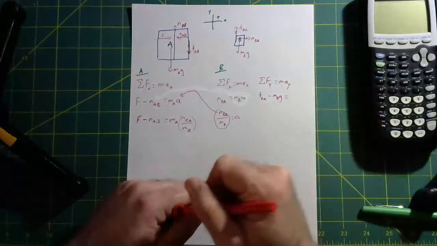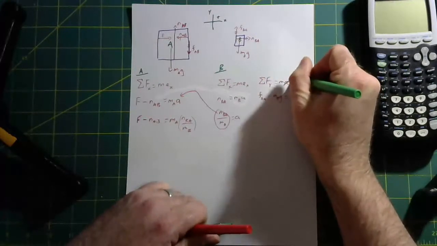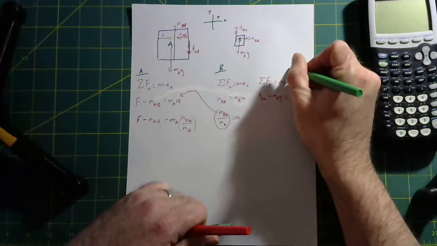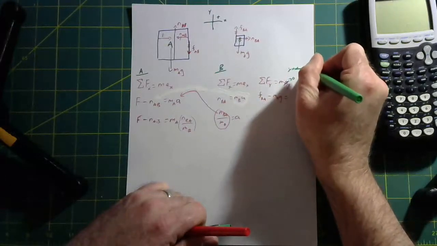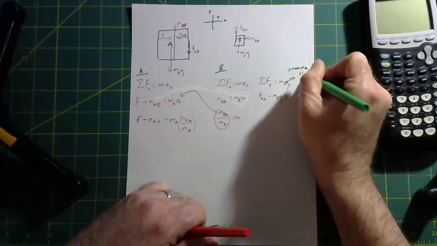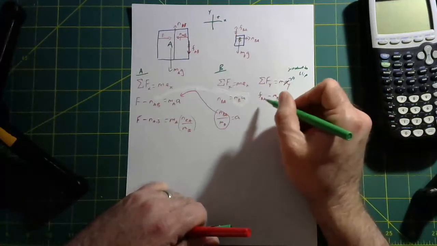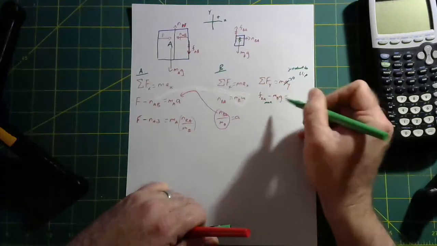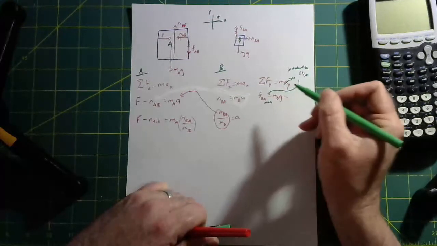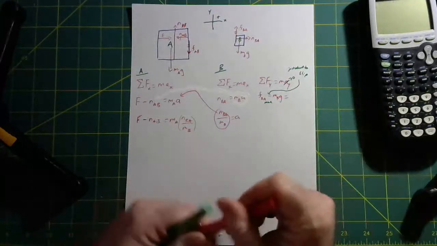And we want that acceleration to be 0, because we're looking at it when it's just about to slip, but not sliding down yet, right? Now, if we're just about to slip, that means this is at its maximum static value. The static friction is at its max value, and our acceleration here is 0.